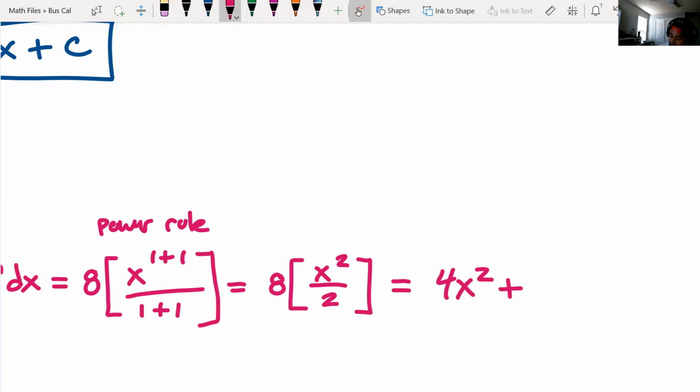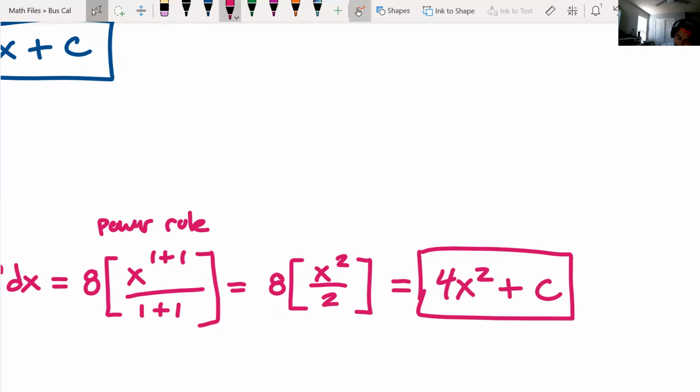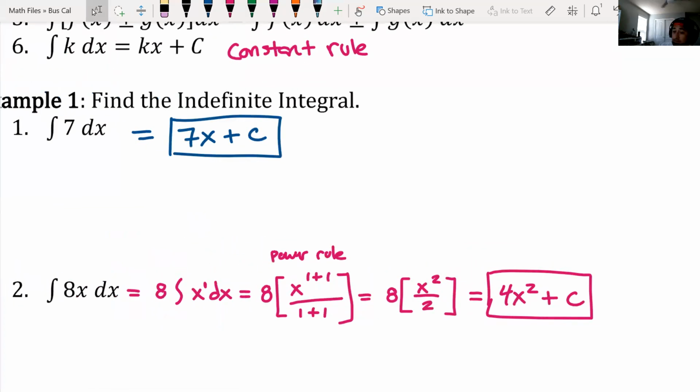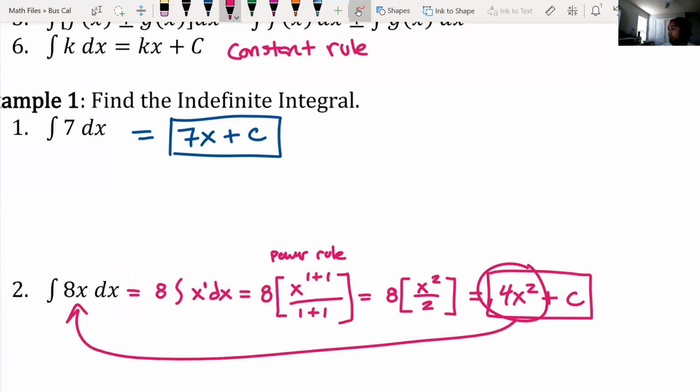And do not forget to tack on c. There it is. And again, check your work. What's the derivative of 4x squared? 8x. Right there. Beautiful. All right, any questions so far?